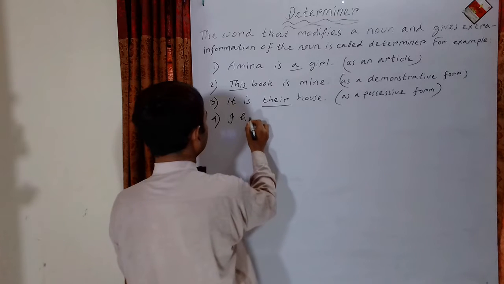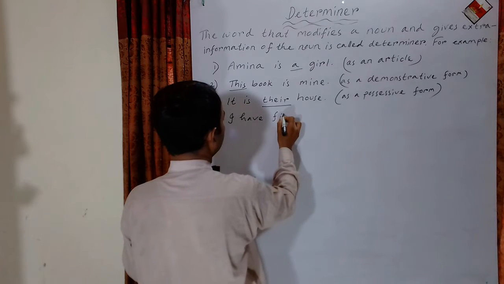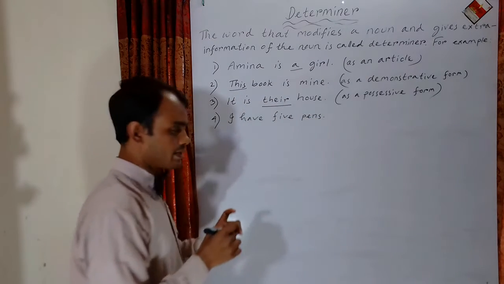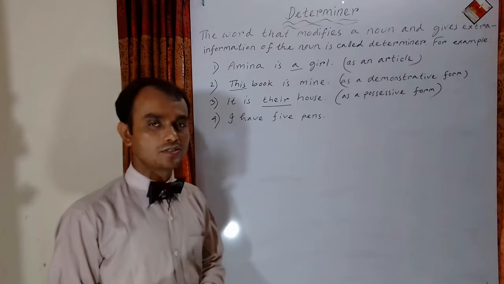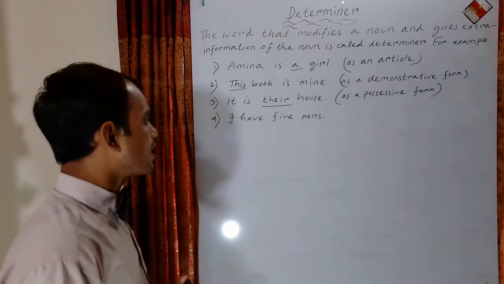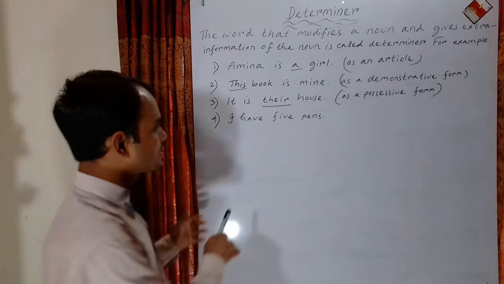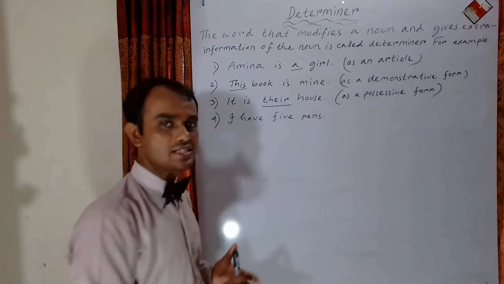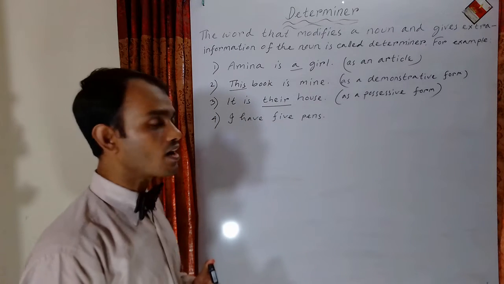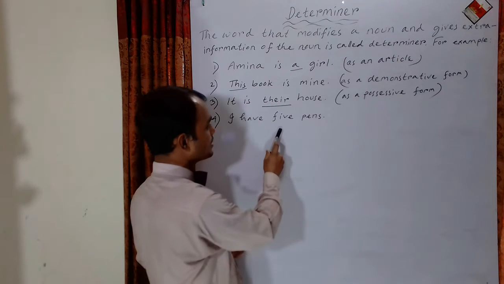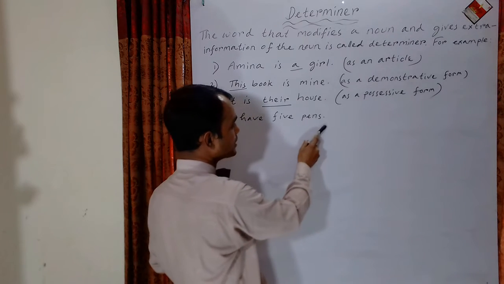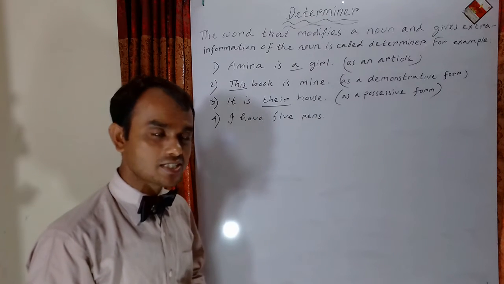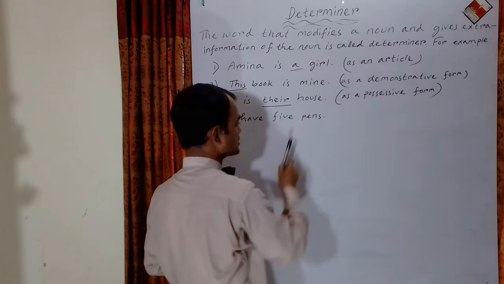The next example, four: I have 5 pens. Dear student, I have also written another example. I have 5 pens. From this sentence, we find a word called 5. This is a numeral, a cardinal number, and this cardinal number is modifying the noun pens and is also giving extra information of the noun pens.